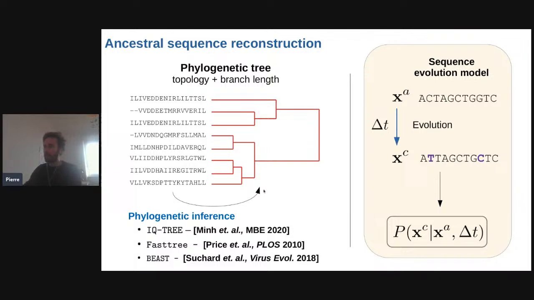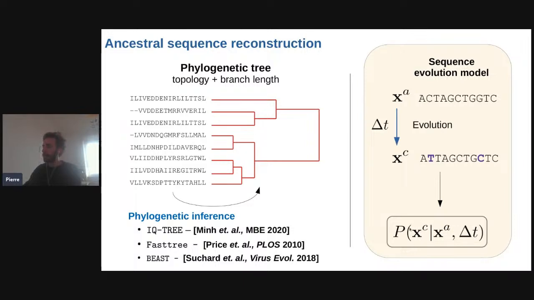And once you have the tree, which is one of the two ingredients, the second ingredient that you need is a sequence evolution model. It's essentially a model that tells you the probability, starting from an ancestral sequence here and given some amount of evolutionary time, of observing a given child sequence. In mathematical terms, it's a propagator, right?